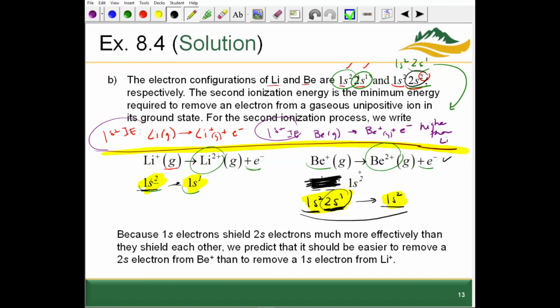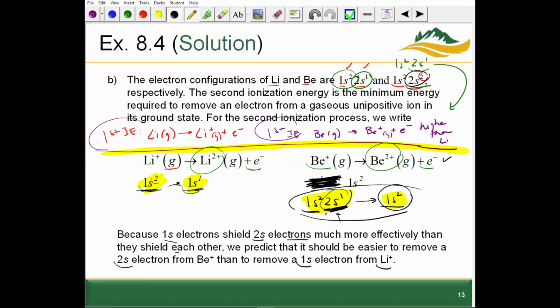Going from 1s2, 2s1 to just 1s2, this electron is fairly easily removed compared to another 1s electron like we see for lithium. So because 1s electrons shield those 2s electrons much more effectively than they shield each other, we predict that it should be easier to remove a 2s electron from beryllium than it is to remove another 1s electron from lithium.